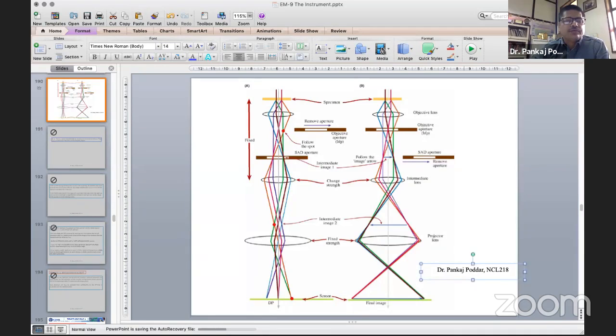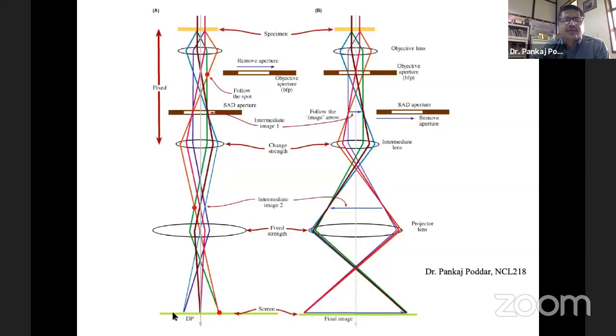Now look at this very carefully. There are two examples. In one example, we are tasked to make a diffraction pattern, DP, and here we are making HRTEM. This is HRTEM mode, and this is simply the diffraction pattern.